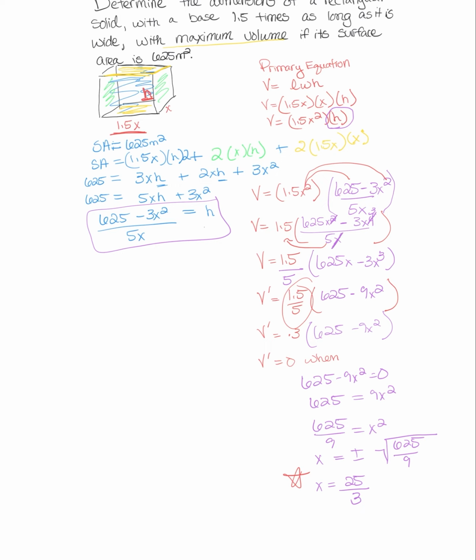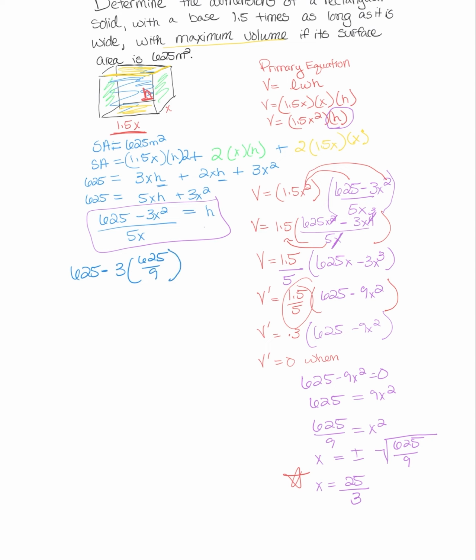So we have 625, I'll use blue, 625 minus 3 times, and we know that if you square 25 thirds, x squared, it's going to be 625 divided by 9, right?